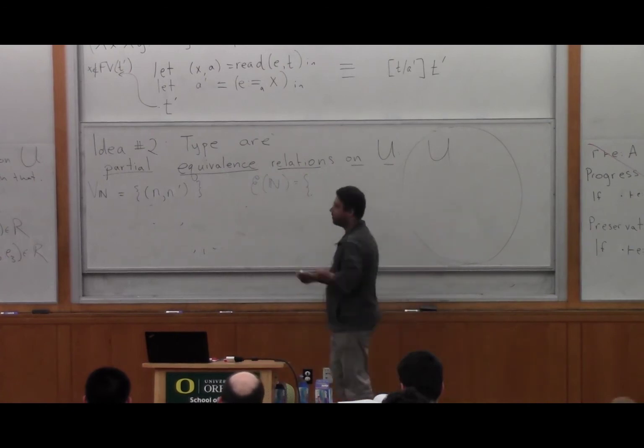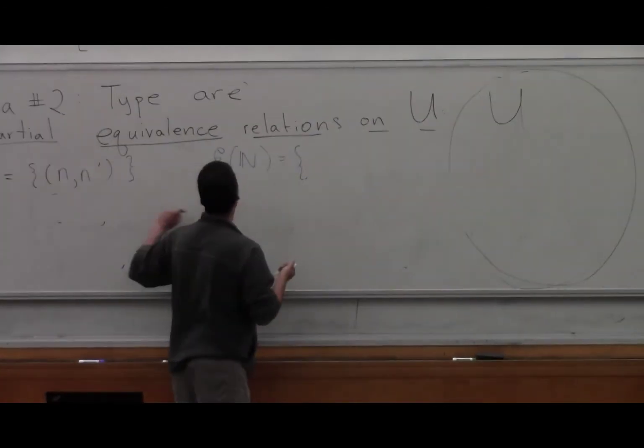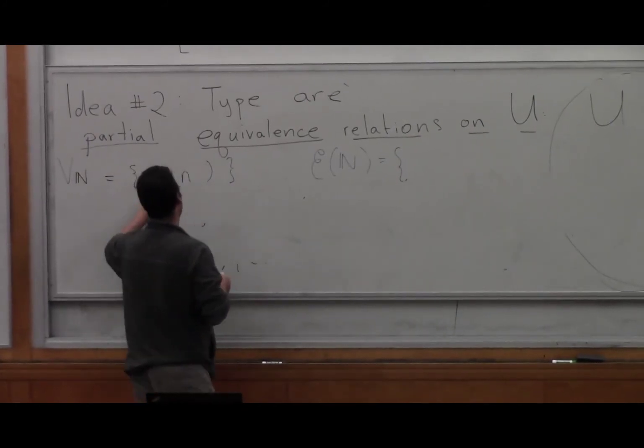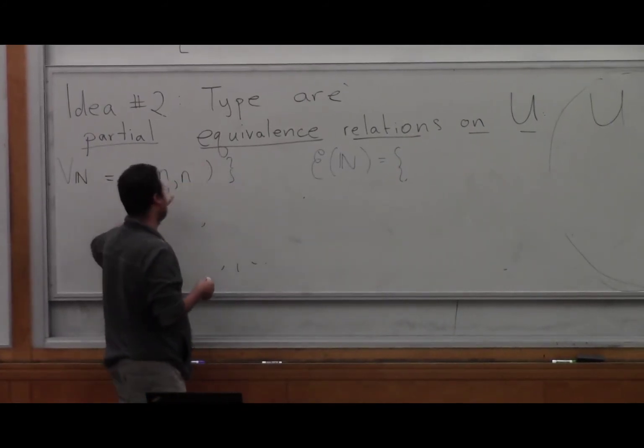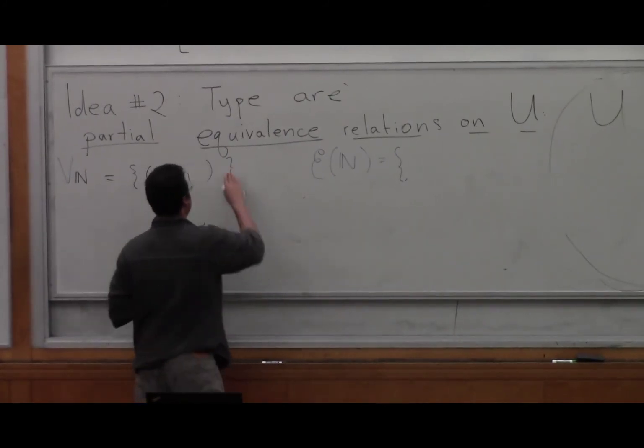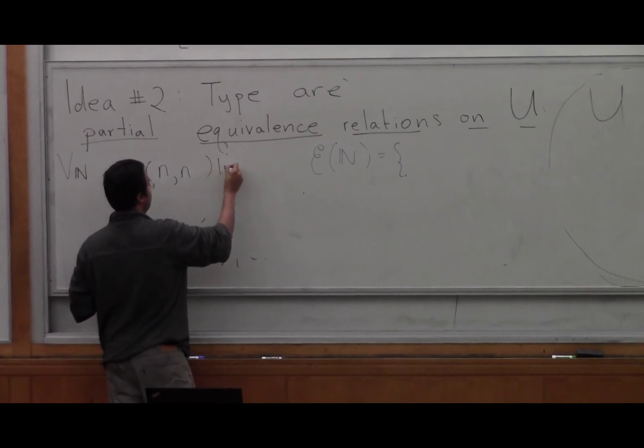Okay, so the idea is the natural number relation is just pairs where n is related to n for all n. The values.